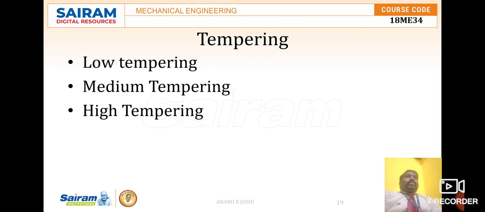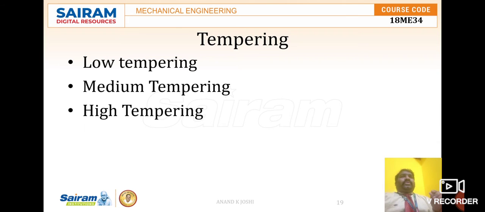So tempering means what? A steel which is subjected to a hardening treatment has a martensite microstructure, which is brittle in nature. Even slight impacts may cause fracture of the hardened metal. Also, severe internal stress, what we call residual stress, is set up in the material.